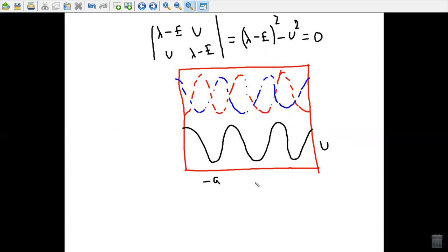This is minus a, this is 0, this is a, and the red one is psi minus square, and the blue one is psi plus square. We have plotted the periodic potential U in one dimension, cosine solid lines, and the squares of the wave functions psi plus and psi minus for the vector at the zone boundary k equals G by 2, that is pi by a, that is the boundary of the first Brillouin zone.